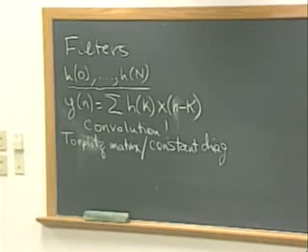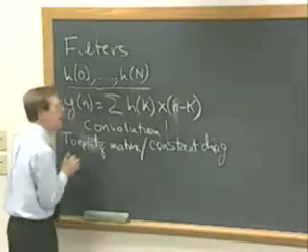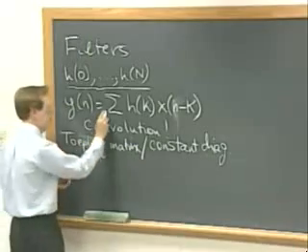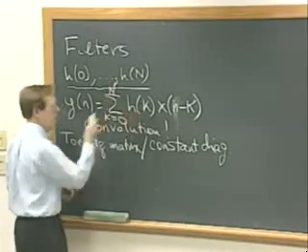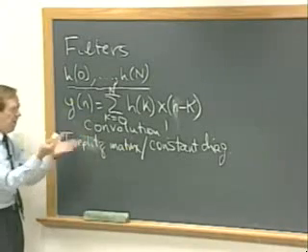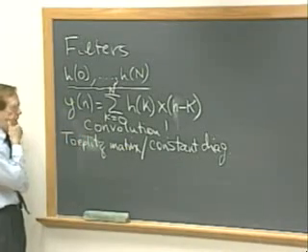And you remember that the key algebraic step was, because a convolution is a bit messy in the time domain, that sum goes from k equals 0 to n. I'm dealing here with an FIR filter, a finite length filter.